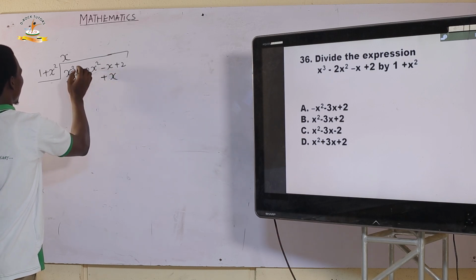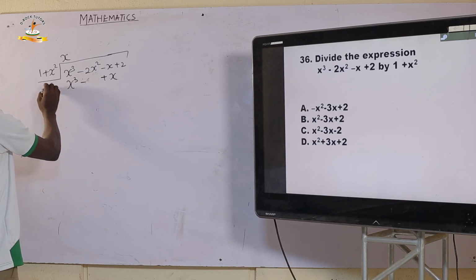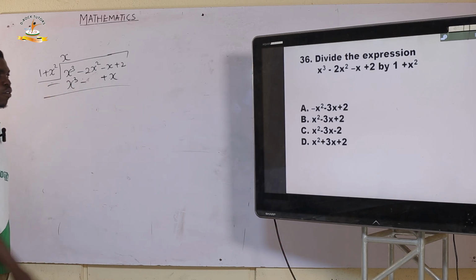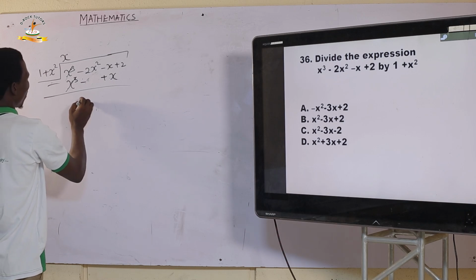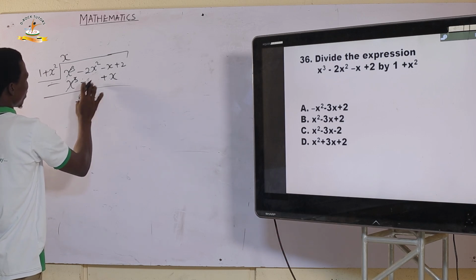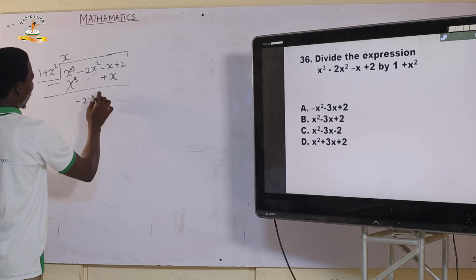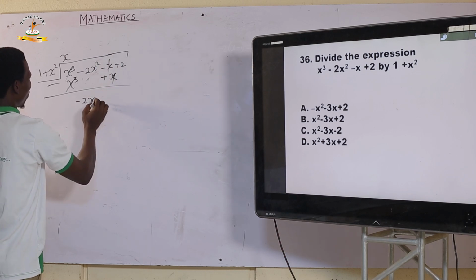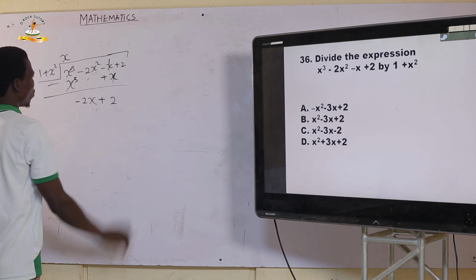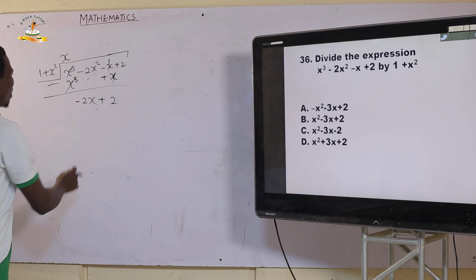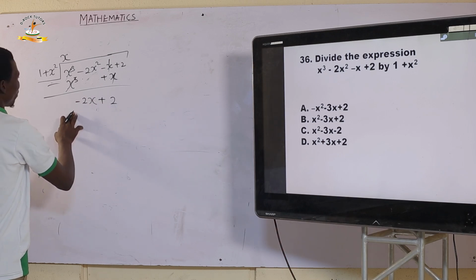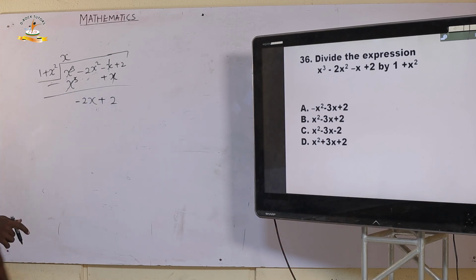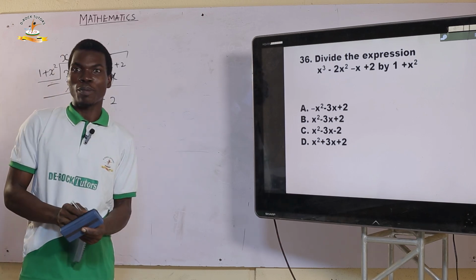I subtract down from up, and this will go. Then I'm going to have minus 2x squared, then this goes also, and I'm going to have plus 2. Something has to divide again, and this time around there is no way because I have x squared here. There is a problem.